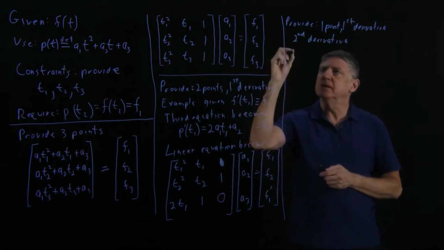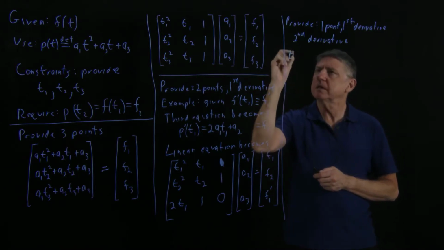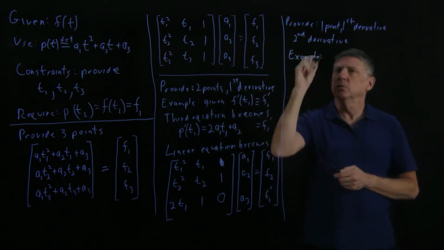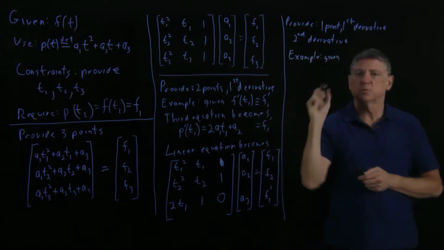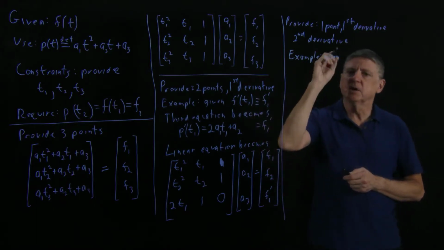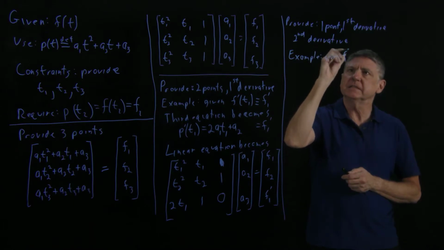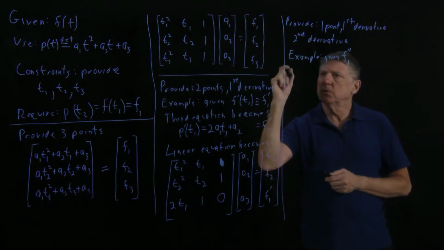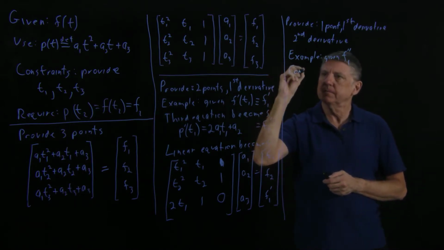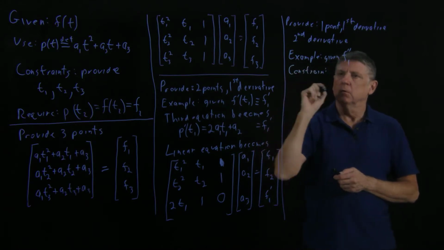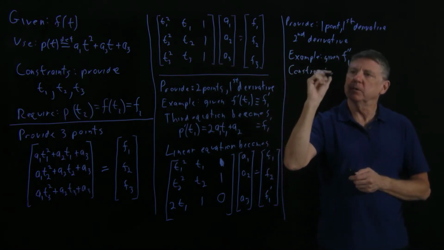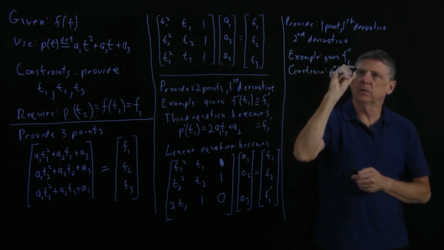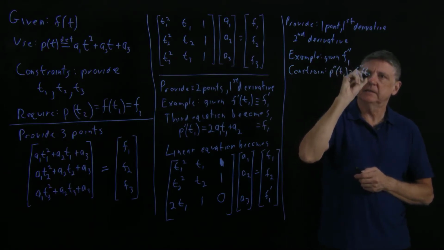So the constraint, let's say, following what we've done here, we're persisting on point 1, and what we're given is the second derivative of the function evaluated at point 1. So we constrain P double prime at T1 has to equal F double prime at T1.